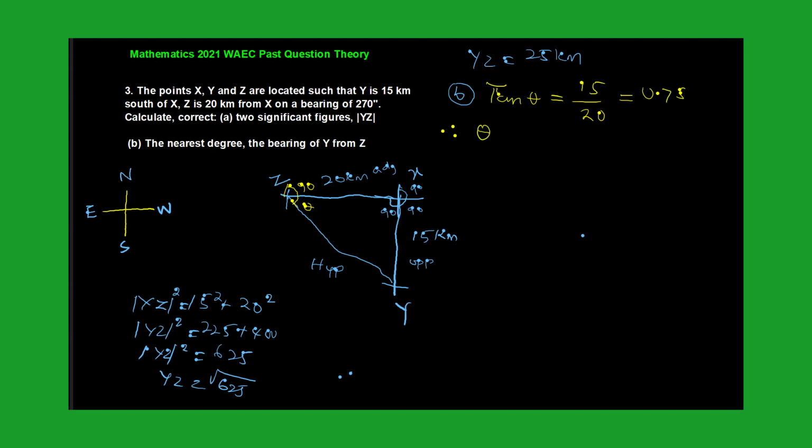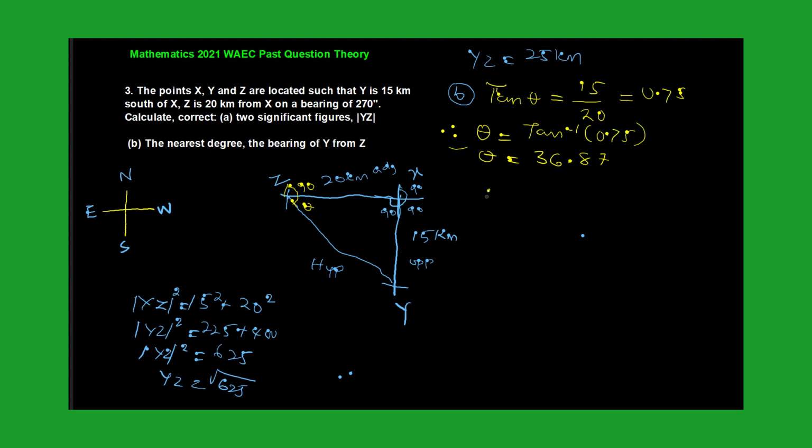Therefore, our theta will be the inverse tan of 0.75. So let's find the value of theta. Theta will be 36.87.